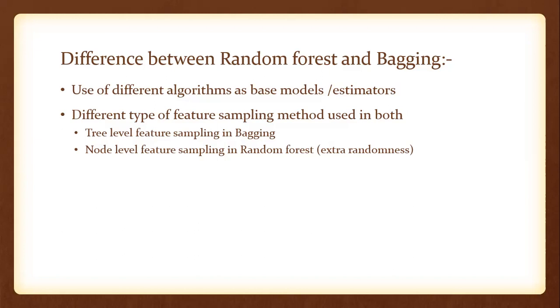Again, for the left node, from the five it randomly selects another two features. And again for the right node, out of five, two features will be selected for the feature sampling. So you can see that there is an extra randomness. This extra randomness helps us create a much better, well optimized model. This is a very useful and important point about the difference between random forest and bagging.